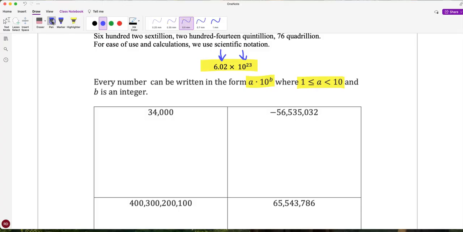So if I think about 34,000, I know that if I want to get a number between 1 and 10, so 3.4, I need to move the decimal 4 places. So what I could do is multiply this number by 10,000 over 10,000.